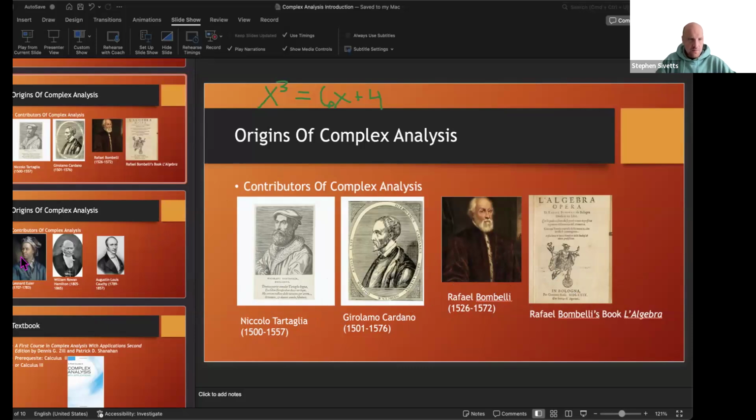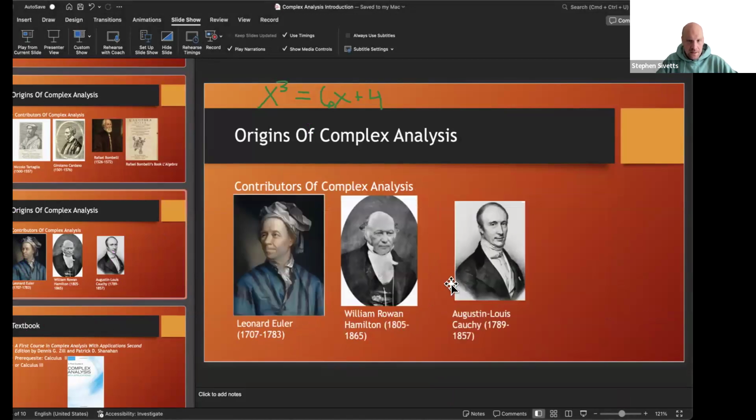And then there were further contributors to complex analysis, including, of course, Euler, and then William Hamilton, who was also a big contributor to looking at different complex functions and conformal mappings. And also another one was Augustin Louis Cauchy.